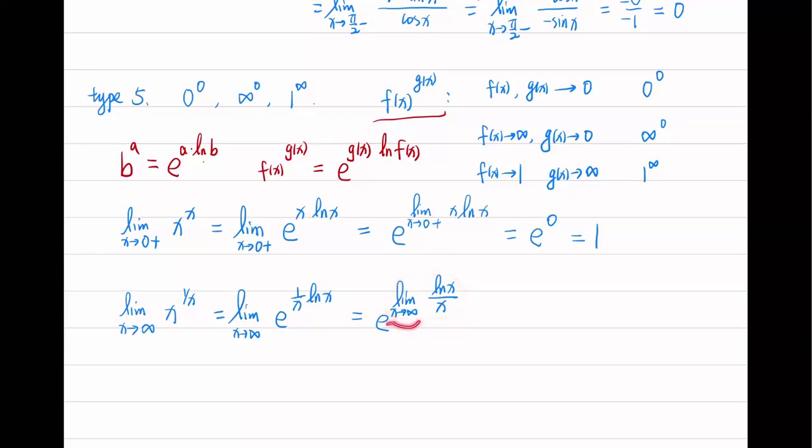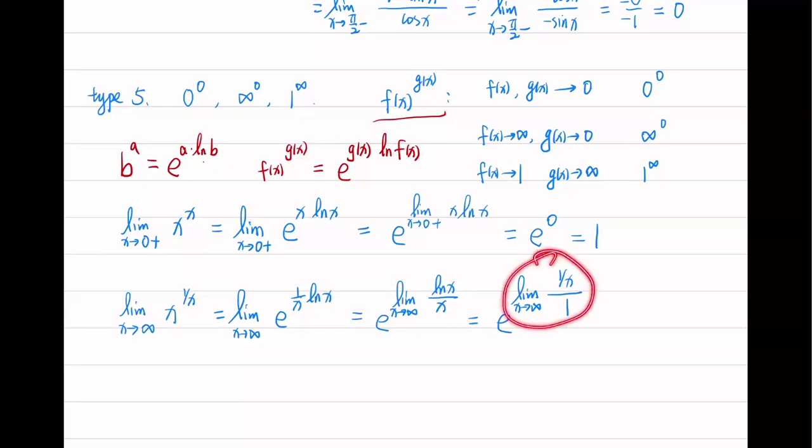Now, because when x goes to infinity, both numerator and denominator go to infinity, this will be a type infinity over infinity, so we can apply L'Hopital rule to the exponent. One over x and 1.